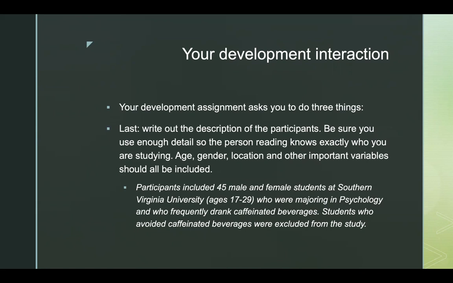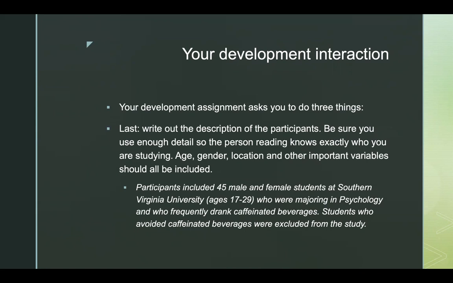So the example here is participants included 45. So you're going to exactly tell them how many people. So if it's 500, then tell them you're including 500 people. If it's 45, great, put 45, whatever the number is that you're including. We'll talk later about how to figure out how many you actually need.